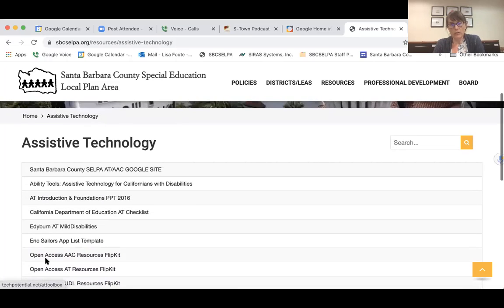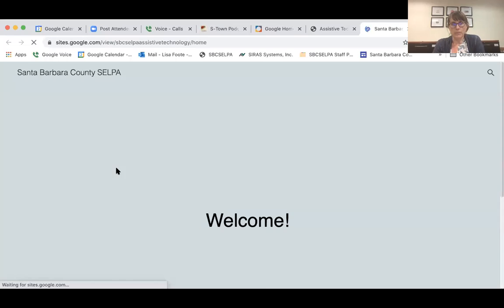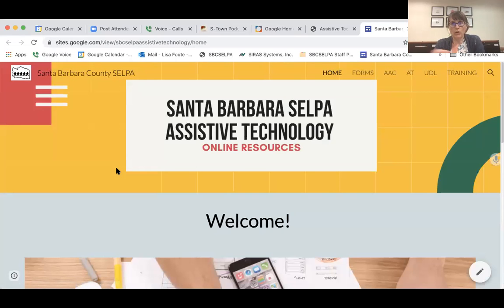But for the internal site, at the very first link, not in alphabetical order, is the Santa Barbara County SELPA Google site. And I'm trying to put all the sort of internal stuff that can help you guys here. So it's a little bit more visual and easy to look at than just a bunch of links.